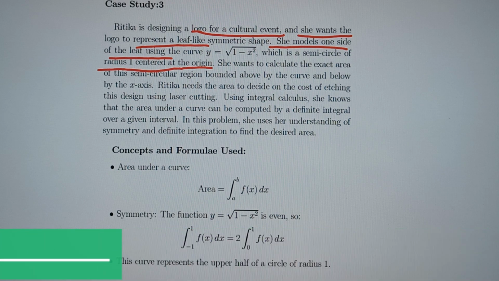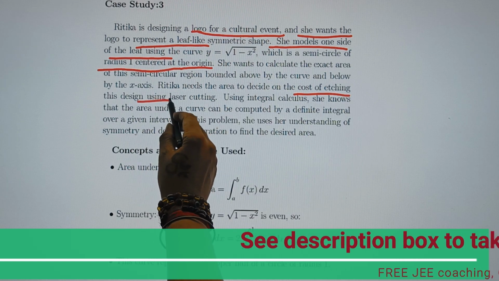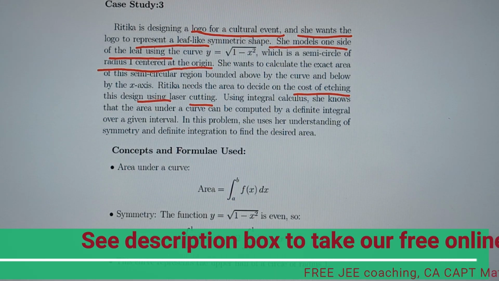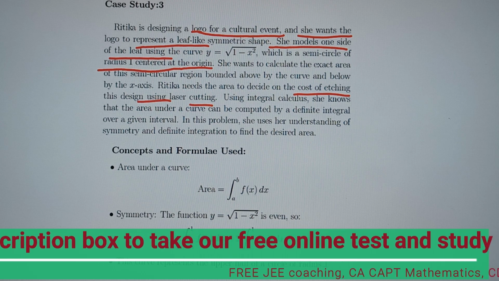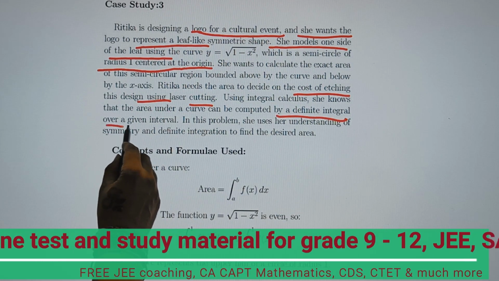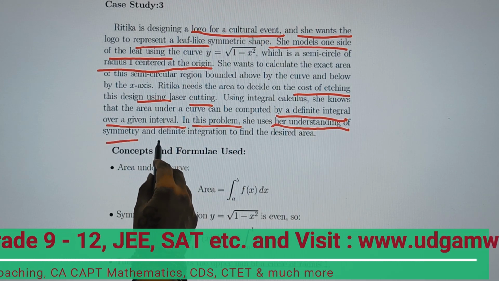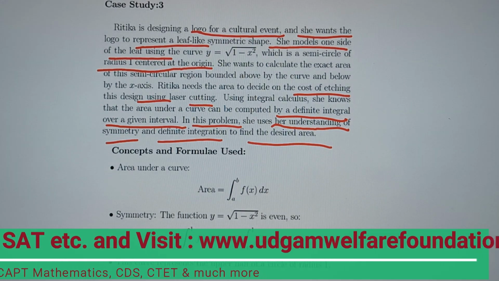Ritika needs the area to decide on the cost of etching this design using laser cutting. Using integral calculus, she knows that the area under a curve can be computed by a definite integral over a given interval. In this problem, she uses her understanding of symmetry and definite integration to find the desired area.